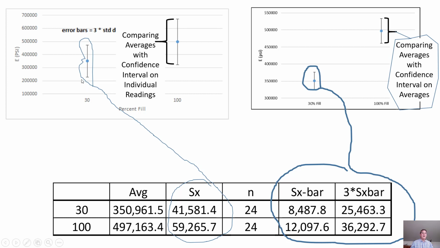That's why this confidence interval ends up so much bigger, because they used it on individual values instead of the one on X bar. So just be careful. When you're trying to compare averages, you need the standard deviation of the averages. That's why this one said error bars 3 times standard deviation. Standard deviation of what? That's why you'll always see me say S of X or S of X bar, to differentiate the standard deviation of individual values versus averages.